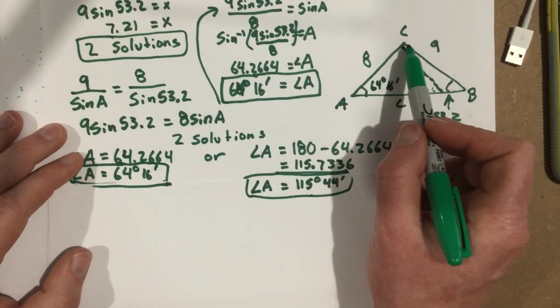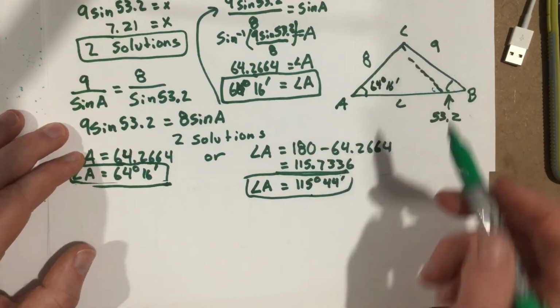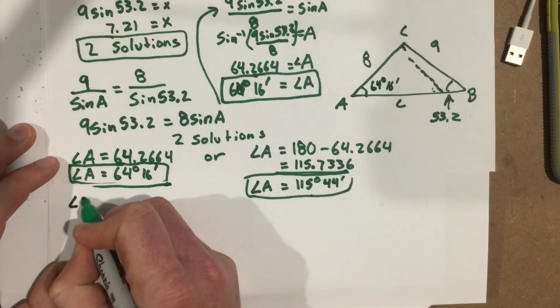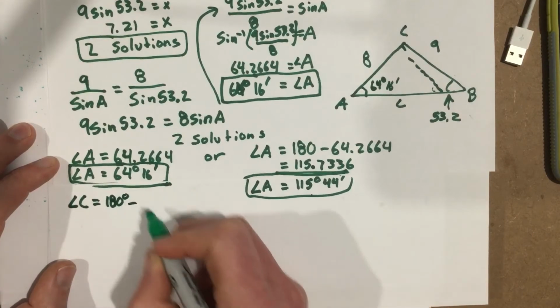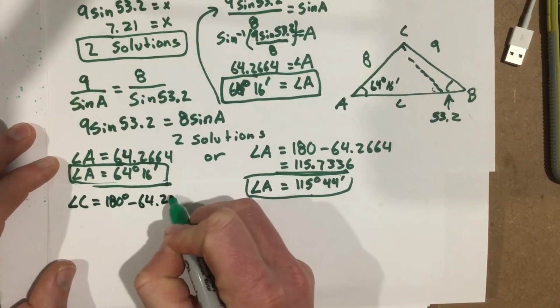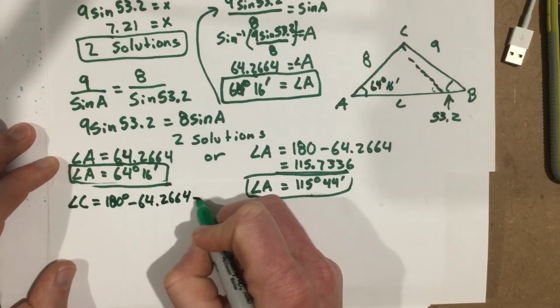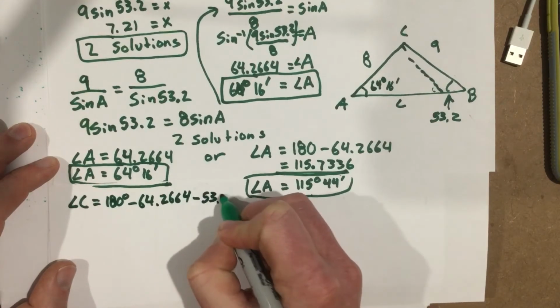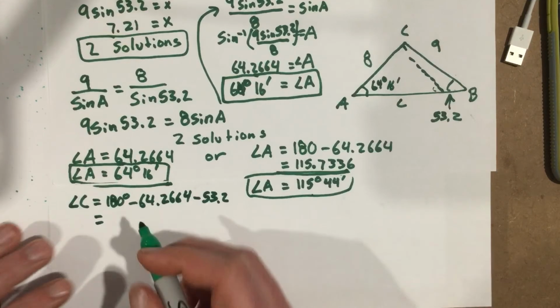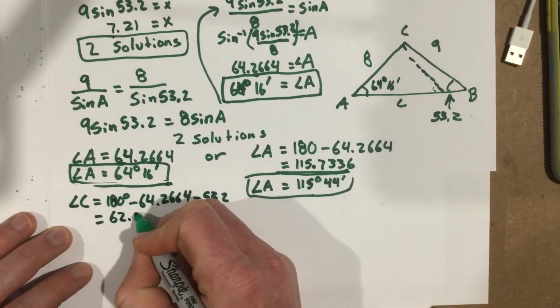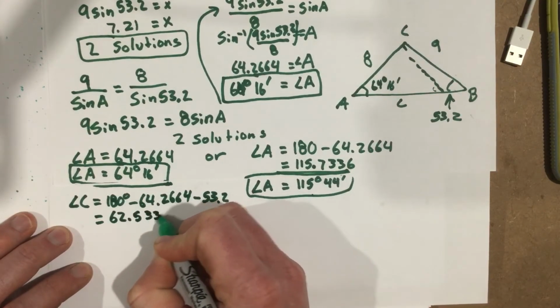So how do we find angle C? Angle C is just going to be 180 degrees minus our 64.2664 minus 53.2, our other two angles. If we subtract those, we get 62.5336.